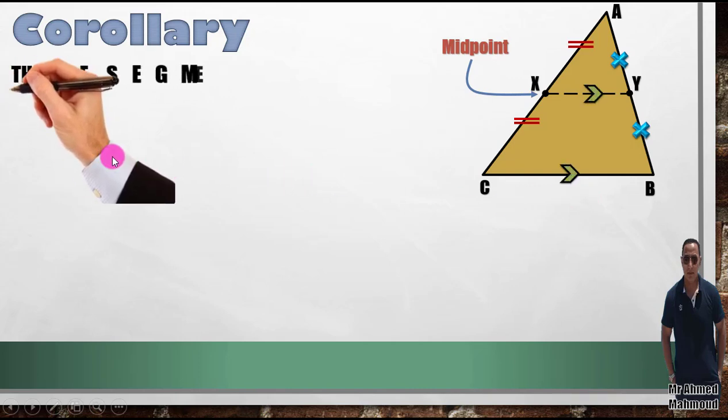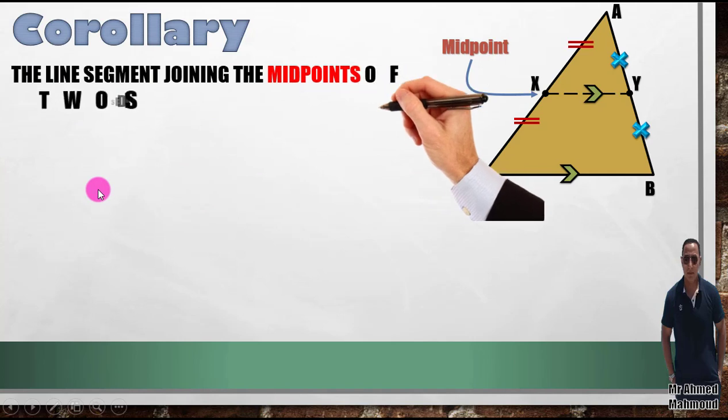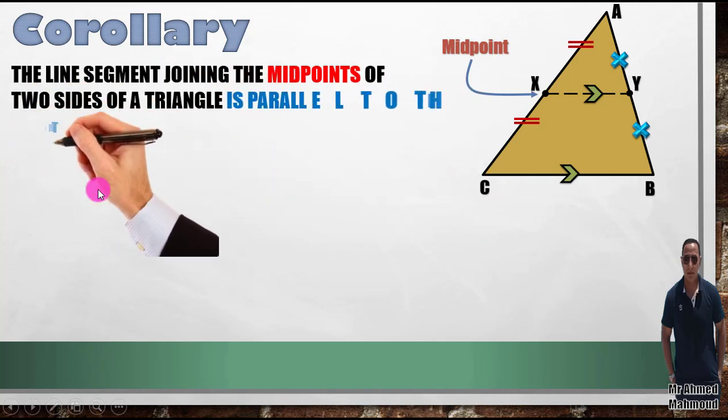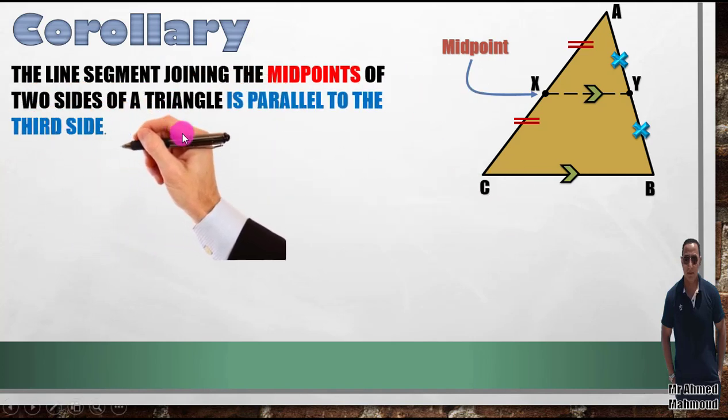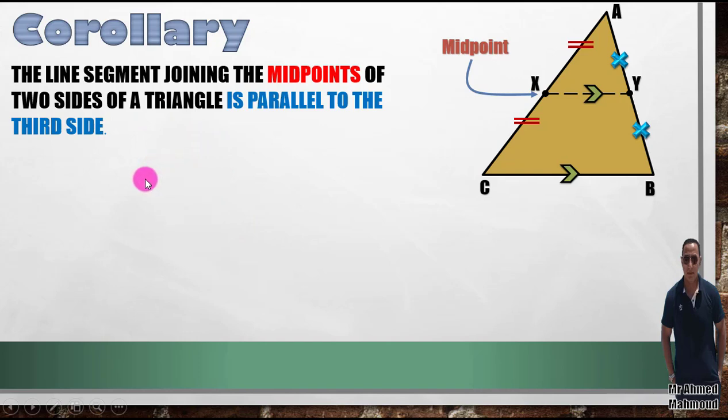So the line segment joining the midpoints of two sides of a triangle is parallel to the third side. Now the given is that we have two midpoints, so the conclusion is that this line segment is parallel to the base.